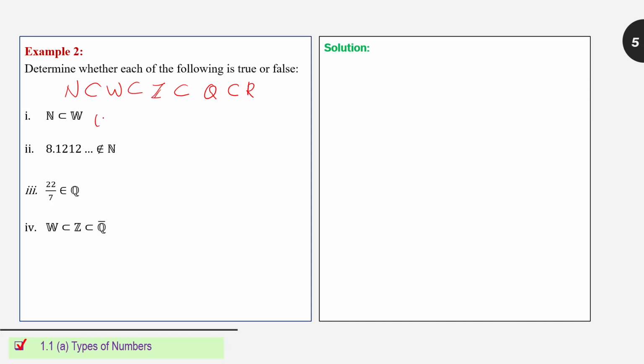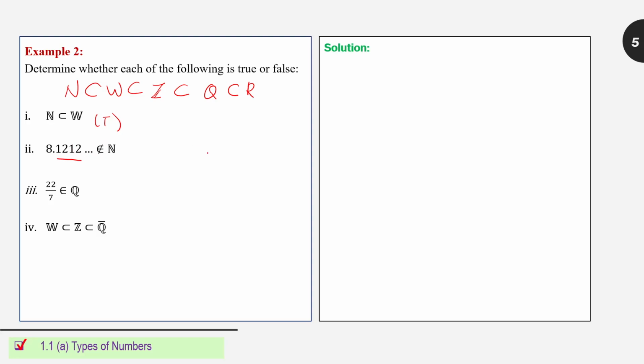So this one is true. And now, 8.1212, is it a natural number? Because we know that natural numbers are whole numbers, and this one comes with a decimal point, so definitely it is not a natural number.